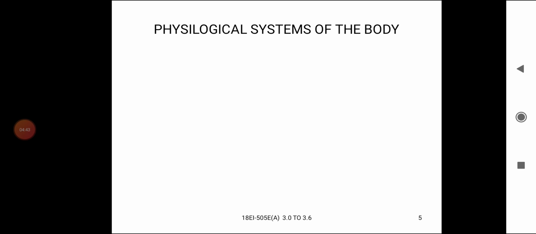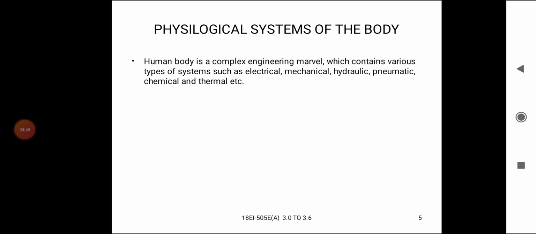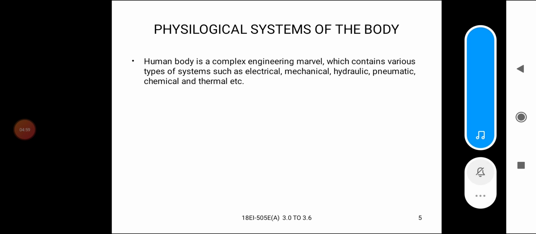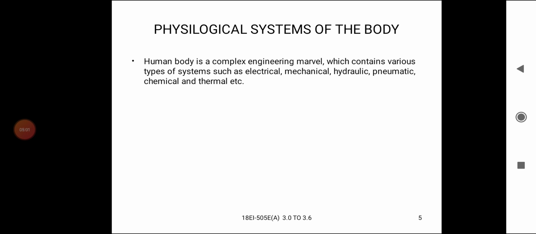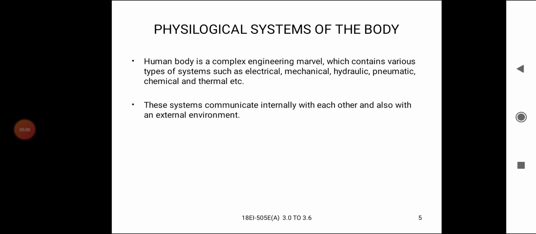Physiological system of the body. The human body is a complex engineering marvel which contains various types of systems such as electrical, mechanical, hydraulic, pneumatic, chemical and thermal, etc. These systems communicate internally with each other and also with the external environment.